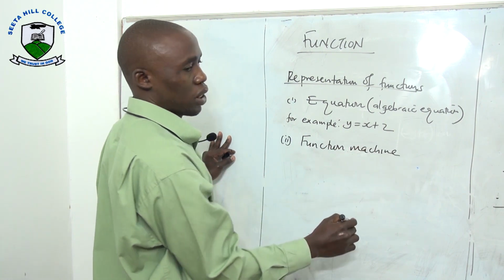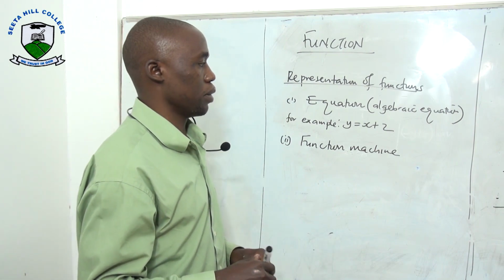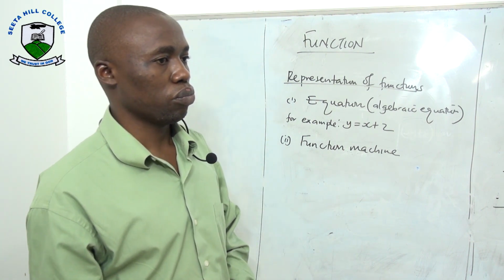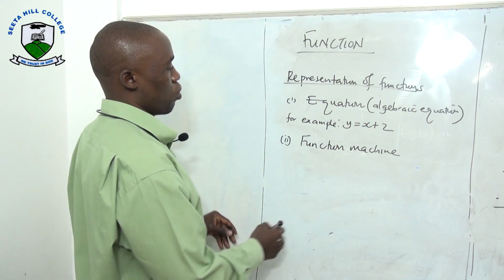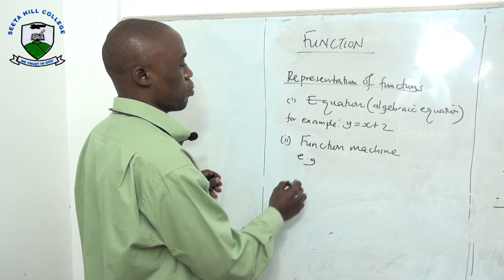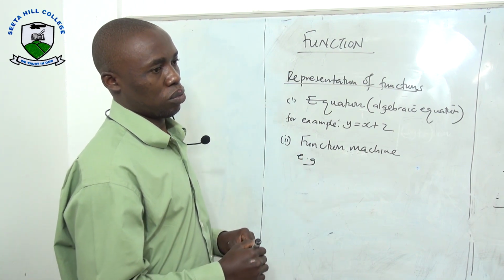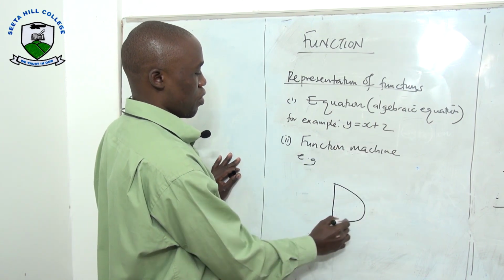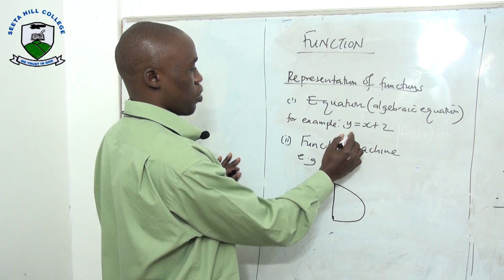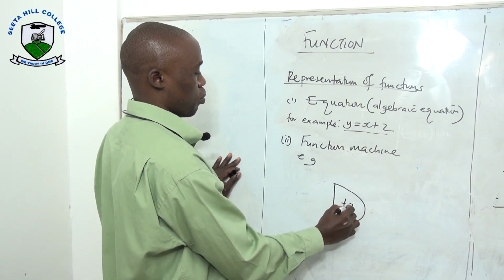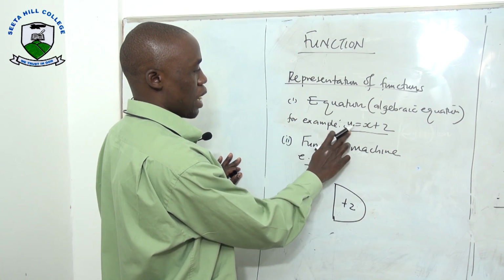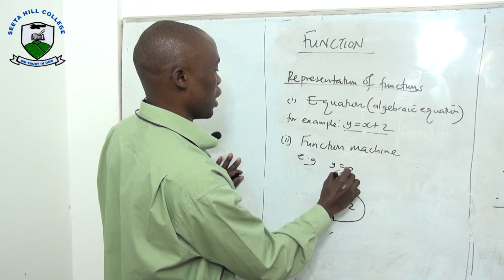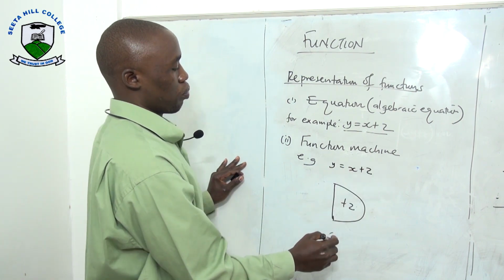A function machine. How? The same thing can be shown here. You see the operation here is plus 2. You get y by adding 2 to x.